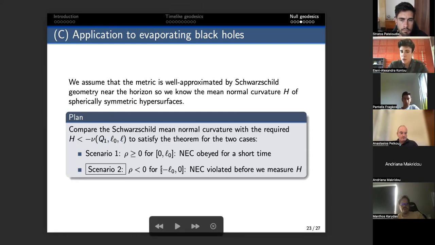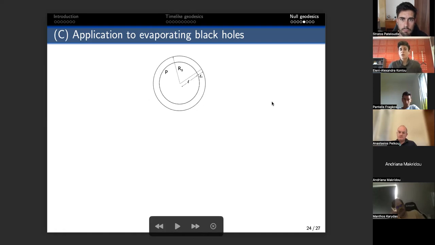In this case, from affine parameter minus L naught to 0, we have a violation of the NEC, which I think is an interesting case because in evaporating black holes, we assume that we have some violation of the null energy condition near the horizon. So this is a schematic representation of what we have. The solid circle is the classical horizon.